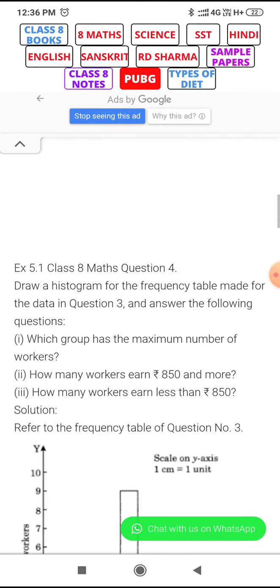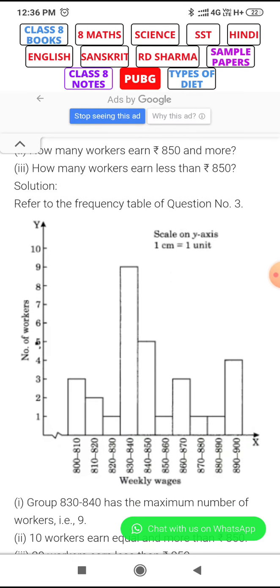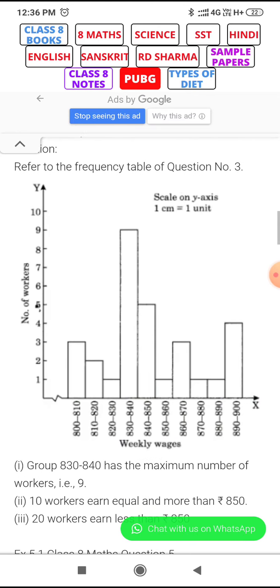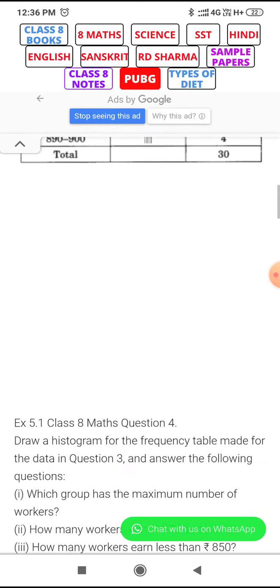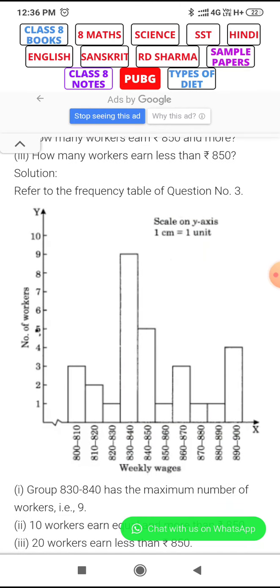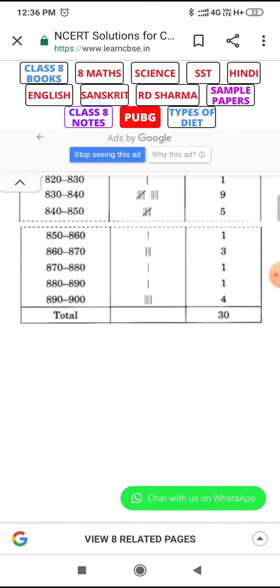So we draw the next bar of height 2 centimeters. There is no gap between the bars. In the third class interval, only one worker. So we draw the third bar of height 1 centimeter.